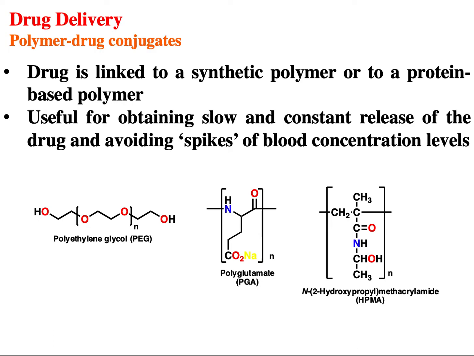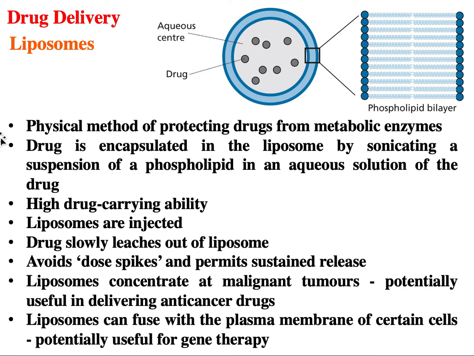There's a lot of people that work on this, and what they're trying to do is avoid some of these spikes in concentration and have the amount of drug in the body the same the whole time. So a lot of times what you do is you can encase the drug in a liposome. This is a phospholipid bilayer. You can then inject the liposomes and the drug slowly leaches out. And so this is great for sustained release.